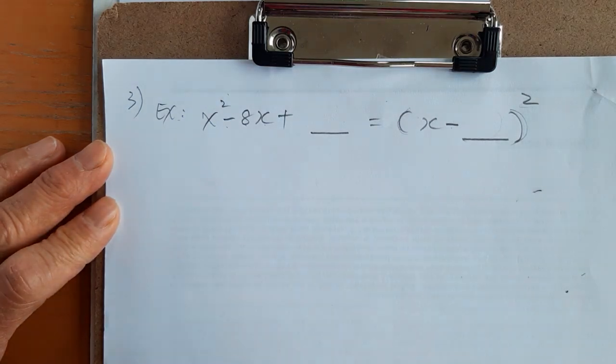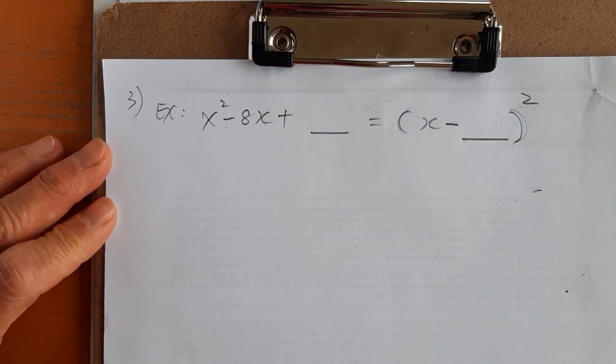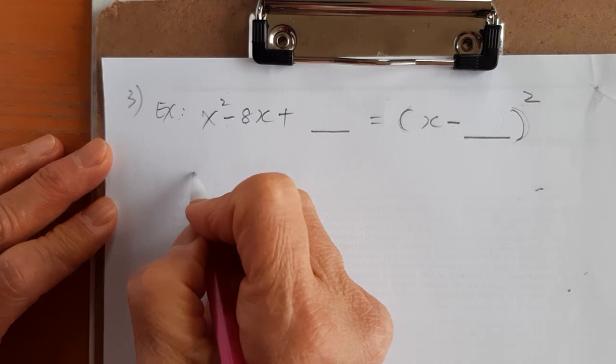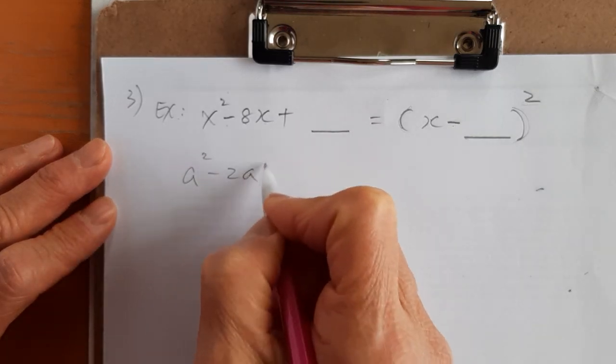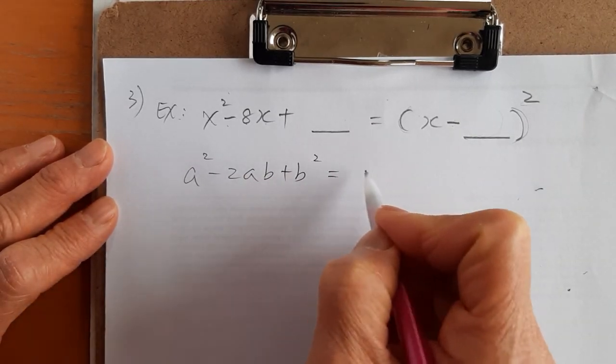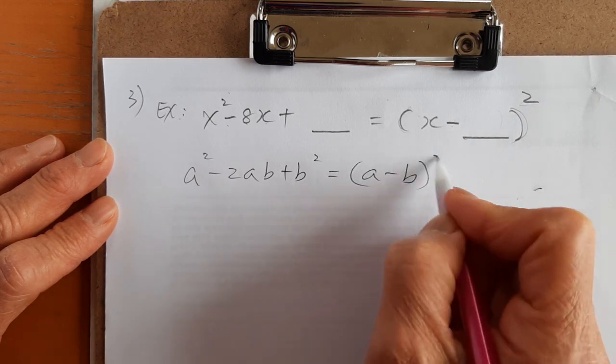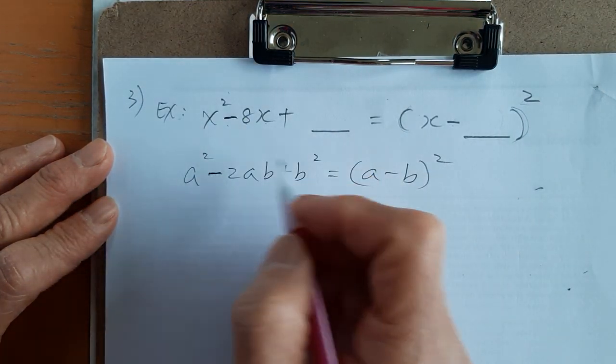So here we use the completing the square formula. The formula is a squared minus 2ab plus b squared equals the quantity a minus b squared. Since here it is minus, we use minus.